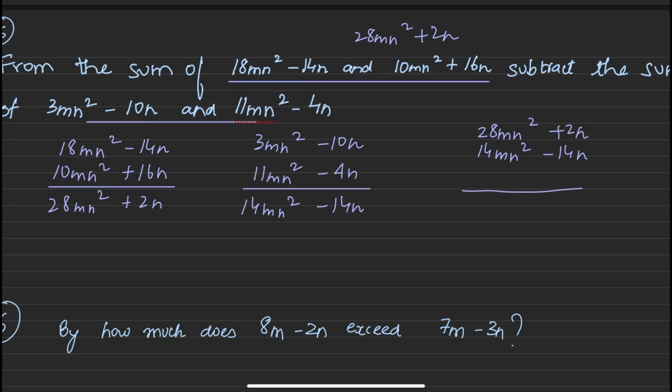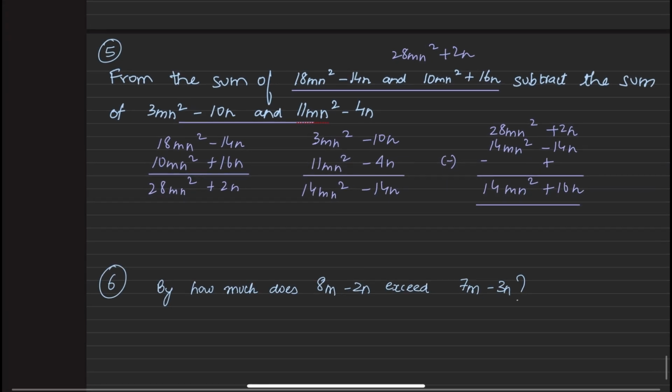Change the sign. Now we are doing subtraction over here. Plus, minus, because we have to show subtraction. Okay, 14 plus 2, 16. And 28 minus 14 is 14. This is it. This is a small answer to such a huge sum.